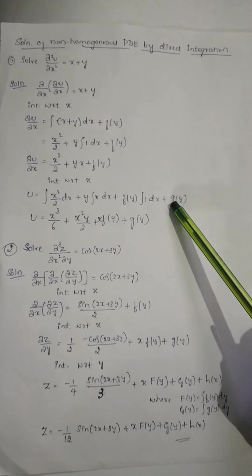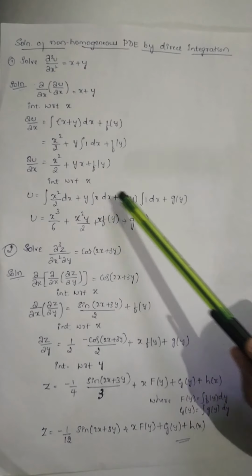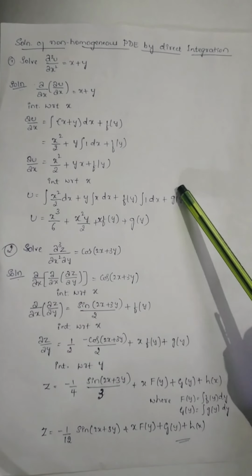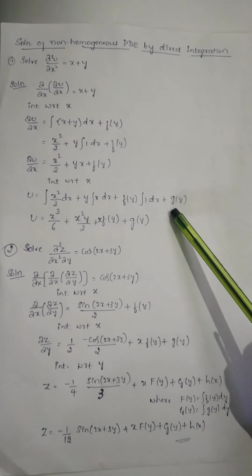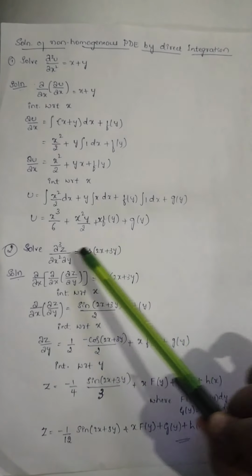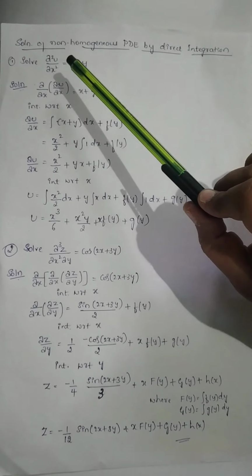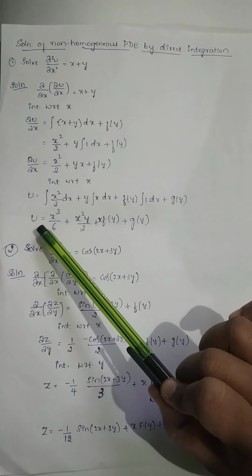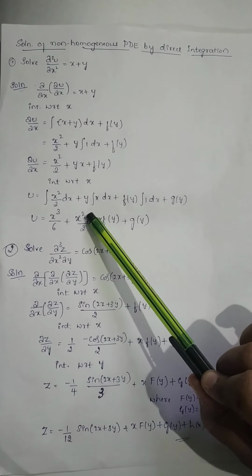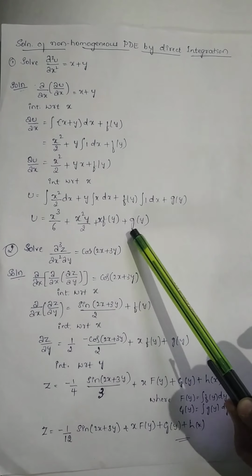This c2 is written as an arbitrary function of y, as you are integrating with respect to x, treating y as constant, so g of y is written. So the final solution for the given partial differential equation is u equal to x cube by 6 plus x square y whole divided by 2 plus x into f of y plus g of y.